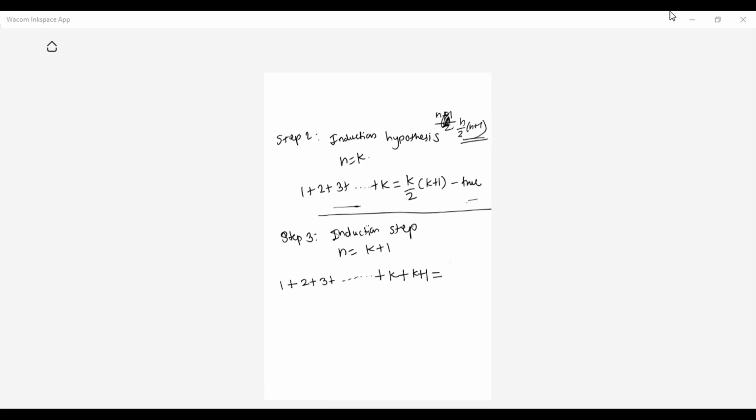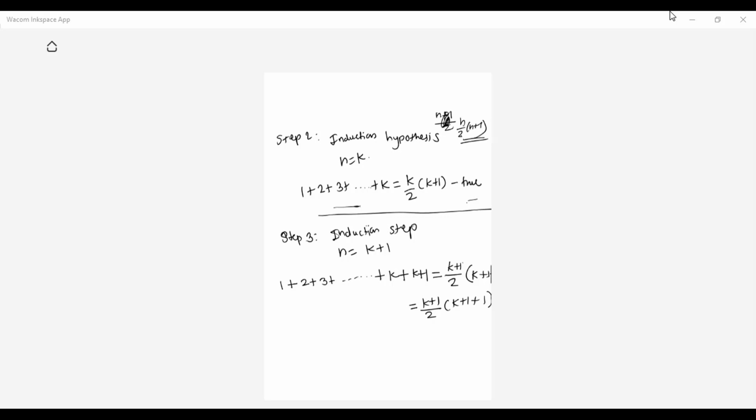It would be k plus 1 divided by 2, and then this n is k plus 1 plus 1. So I'll be writing the RHS over here again: k plus 1 divided by 2, k plus 1 plus 1. I hope you have got this.